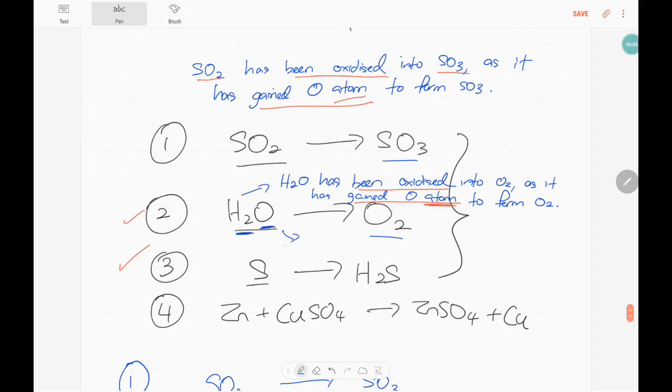Conversely, you can also say this, that H2O has been oxidized into oxygen as it has lost hydrogen atom to form O2.